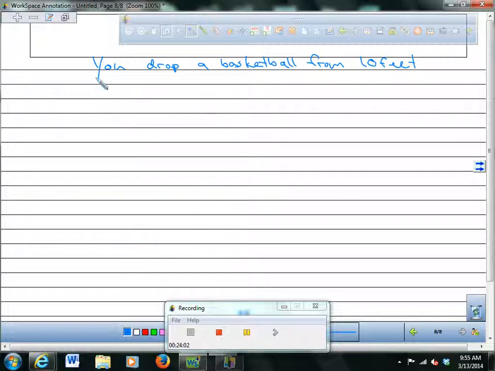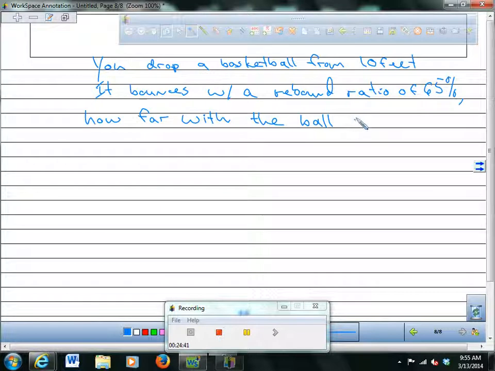It bounces with a, they call it rebound ratio or something like that, rebound ratio of 65%. How far will the ball travel in its total trip?